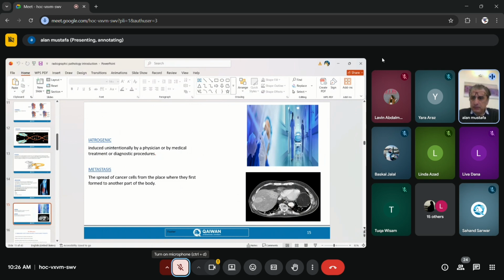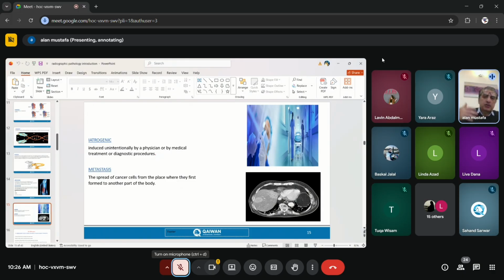Now, another very important term is metastasis. What do we mean by metastasis? We talked about carcinoma and its ability to spread to distant places.